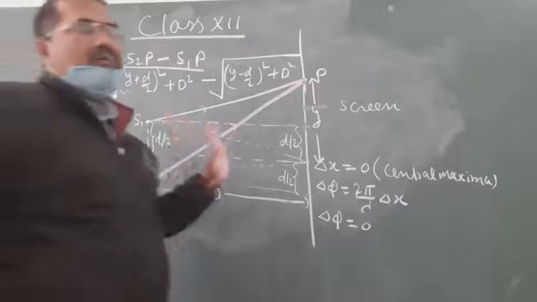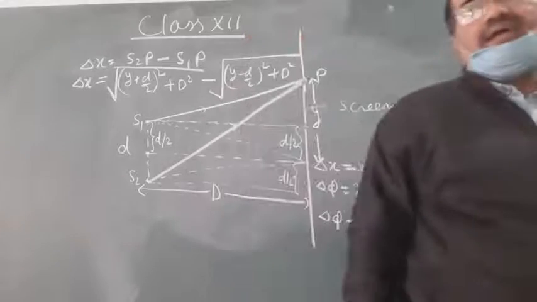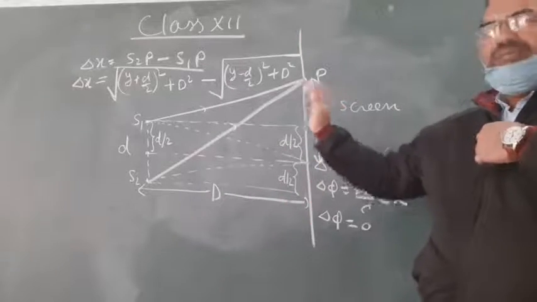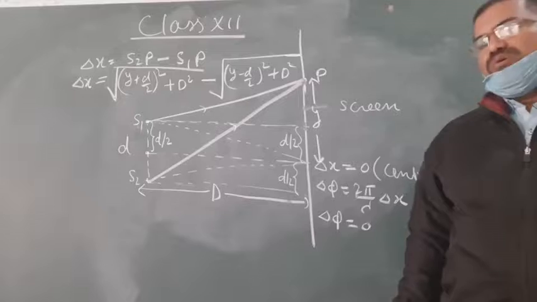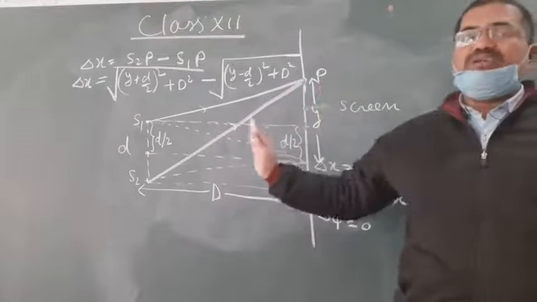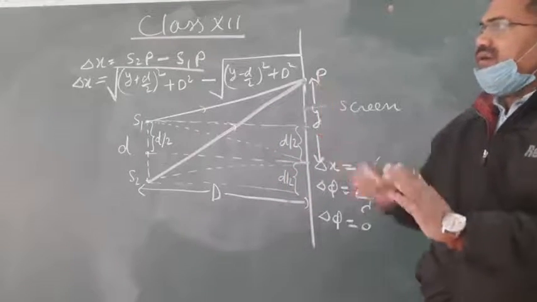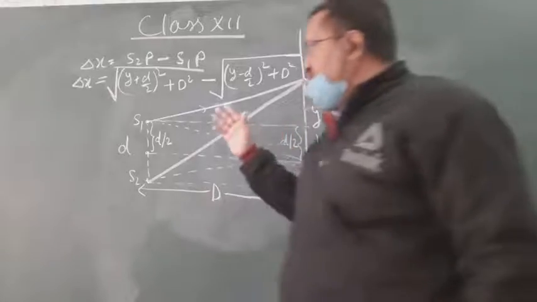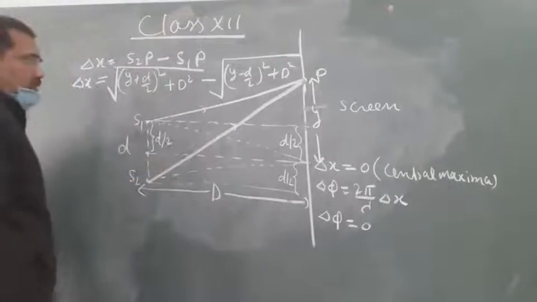This is the basic formula of path difference, but it is not an easy task to solve it. So you can ignore this formula, but you should know how this formula is formed.